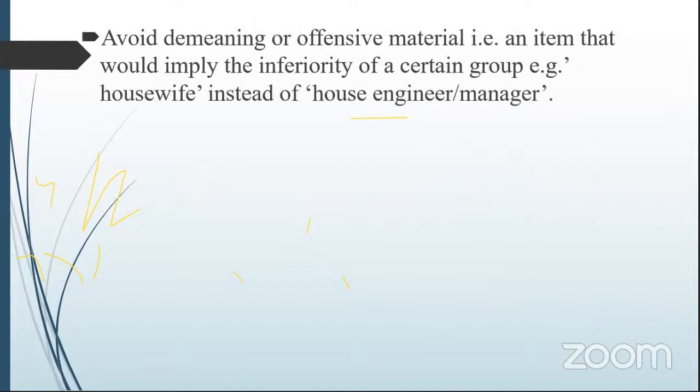The other thing is that we have to avoid demeaning or offensive material, i.e. an item, for instance, that would imply the inferiority of a certain group.